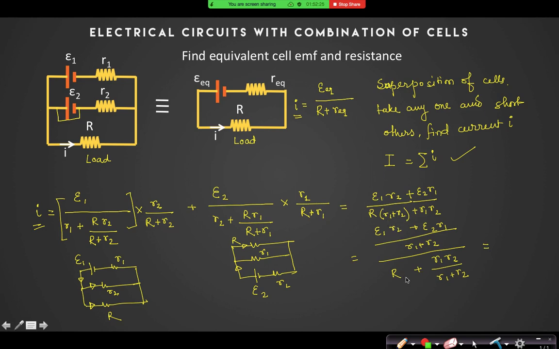Because in denominator I have to keep it in this form, capital R plus REQ. So from there, can you tell me what is the value of REQ here? 1 by R1 plus 1 by R2, it is REQ? Yes, sir.